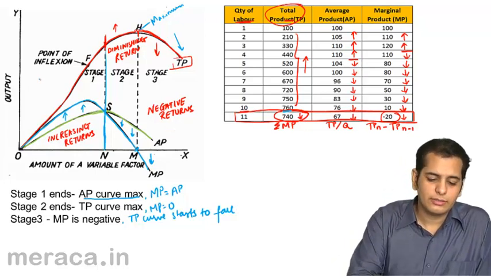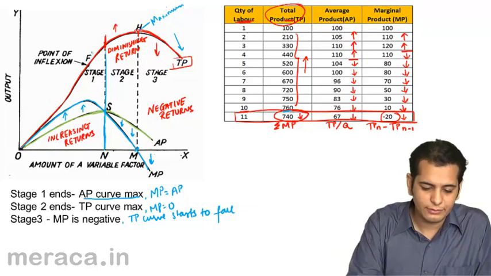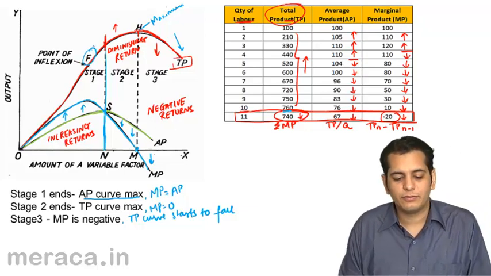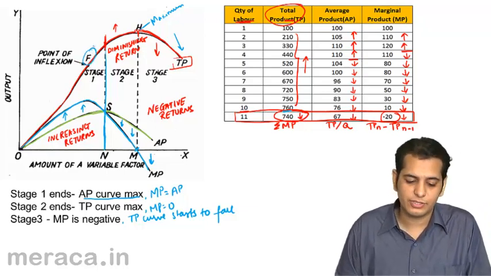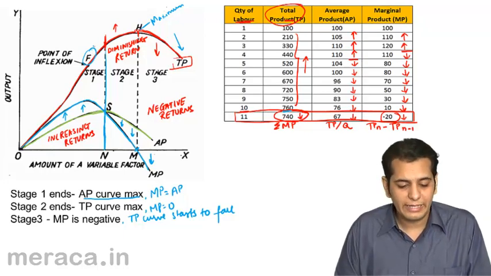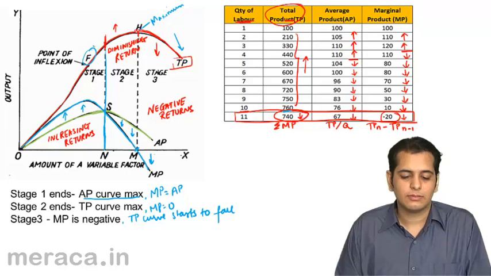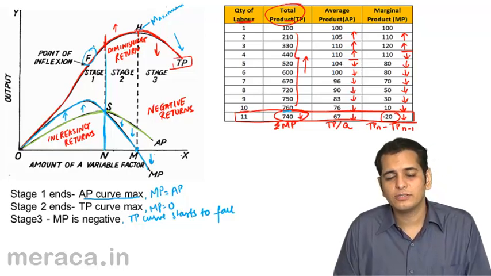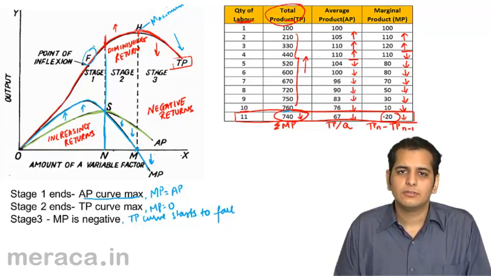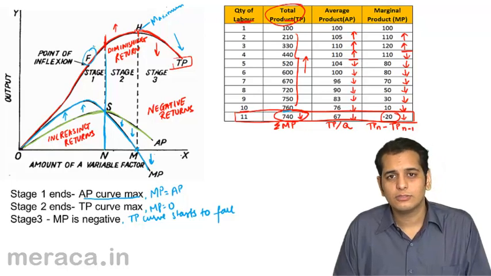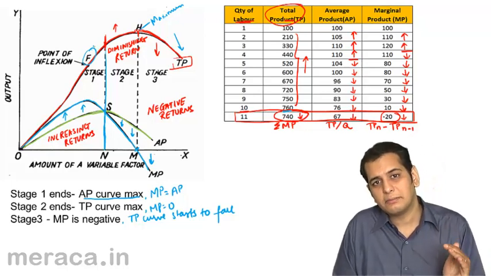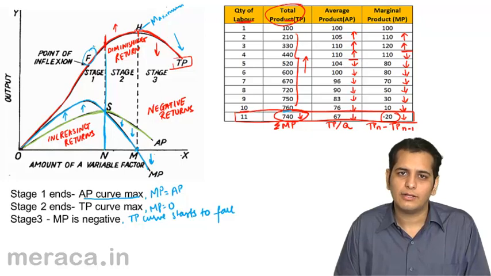In all this, there is one point F on the total product curve in the first stage. This point F is known as the point of inflection. Now why do we call this point a point of inflection? It is because there is a flex or there is a bend in the curve at this point.